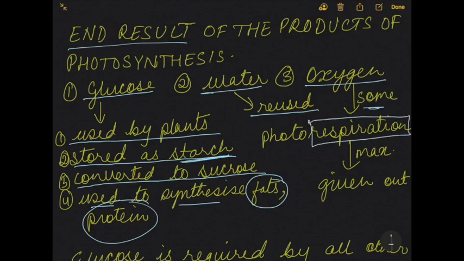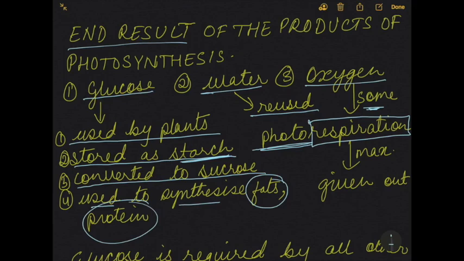Since this oxygen they are using is coming from the process of photosynthesis, this respiration is also known as photorespiration. So if you are to define photorespiration, what will you define it as? It is the respiration that takes place in plants using the oxygen which comes from photosynthesis.